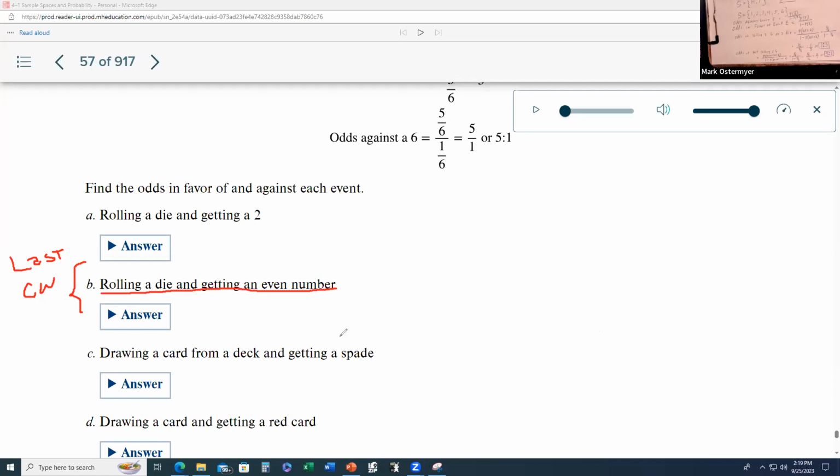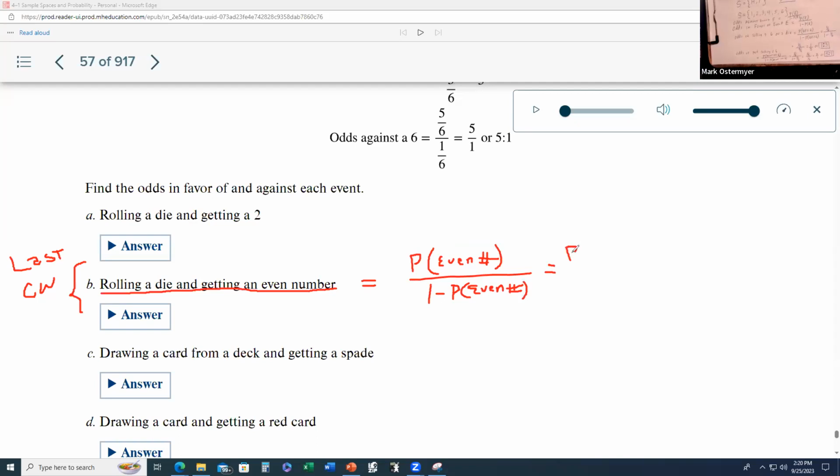All right, so the odds of rolling an even number, according to our odds formula, is equal to the probability that we roll an even number divided by 1 minus the probability that we roll an even number. What's the probability of rolling an even number?